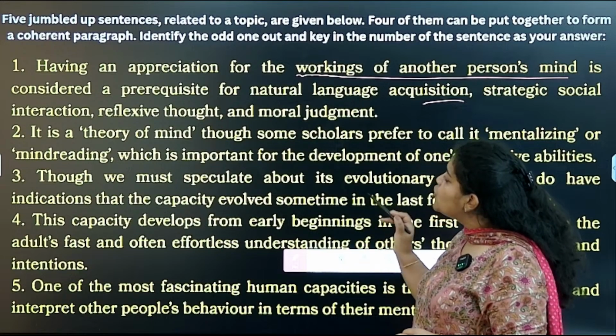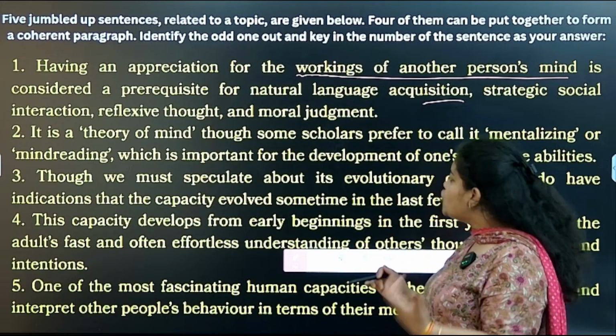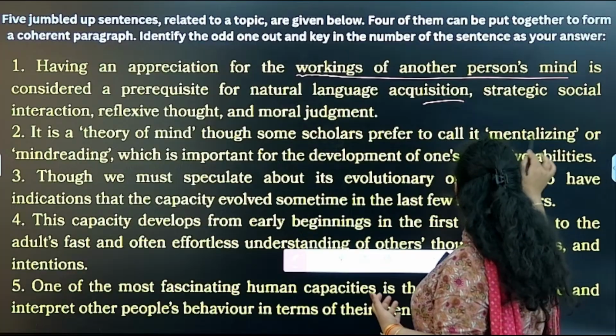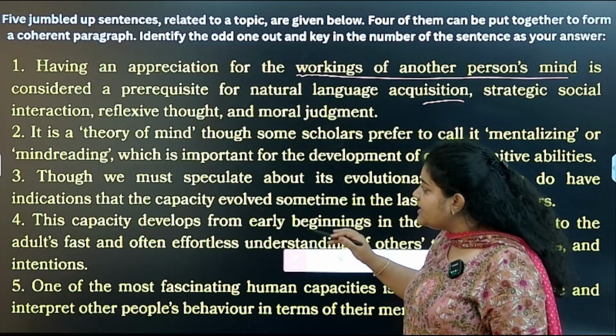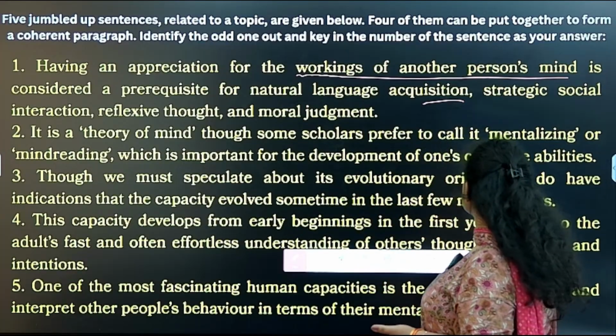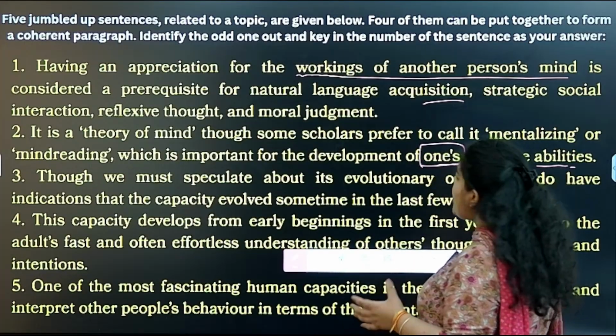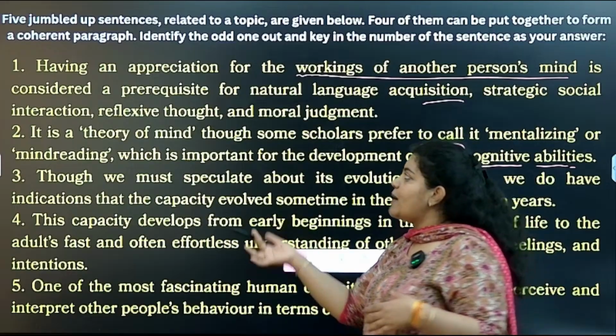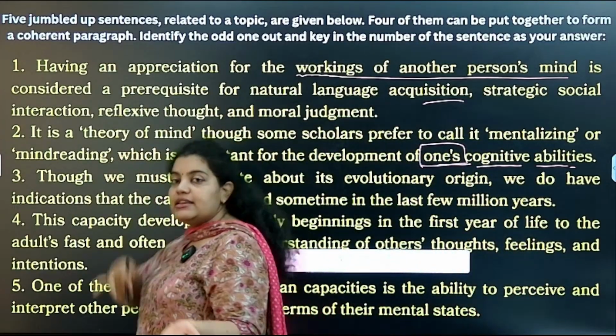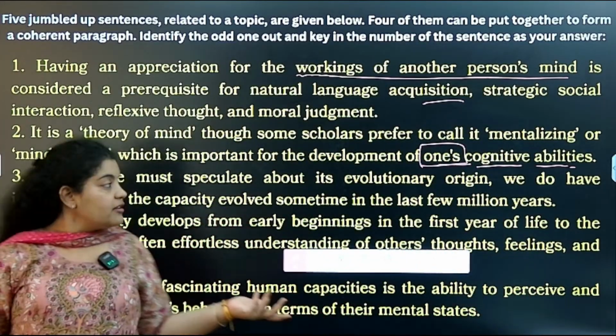Now, it is a theory of mind, though some scholars prefer to call it mentalizing or mind reading, which is important for the development of one's cognitive abilities. So this is most probably talking about the name of this theory.